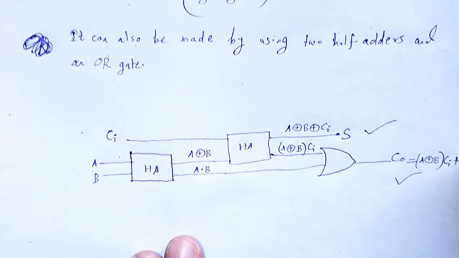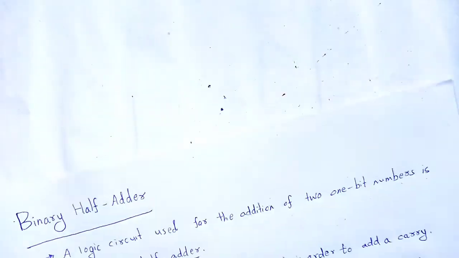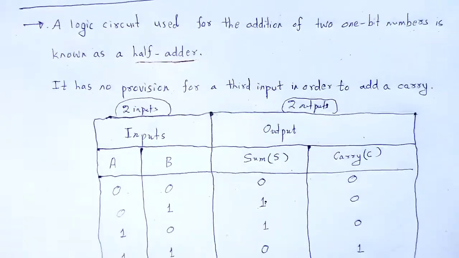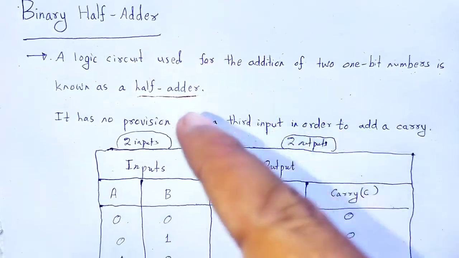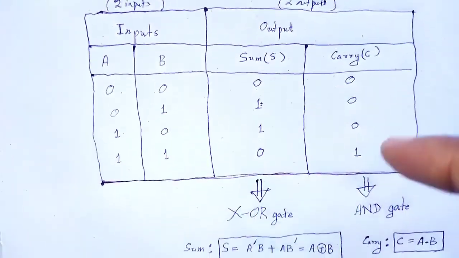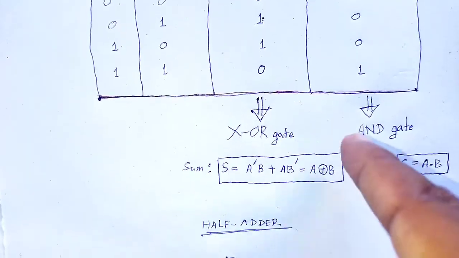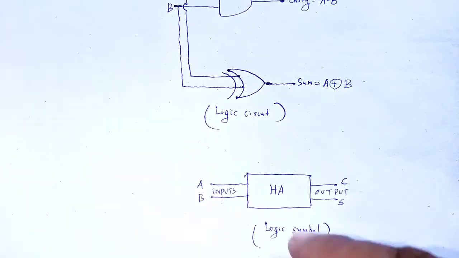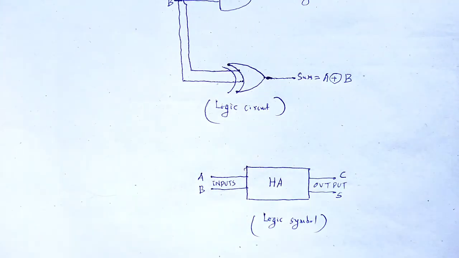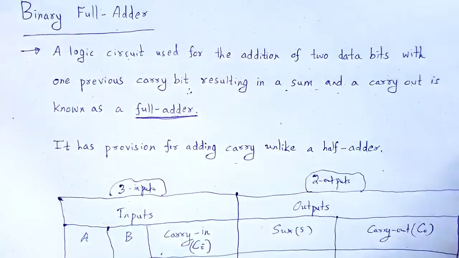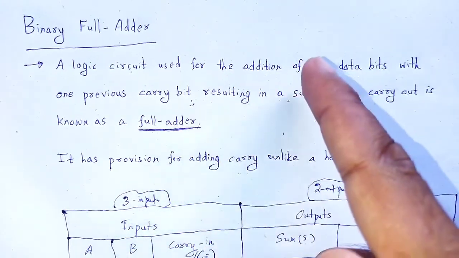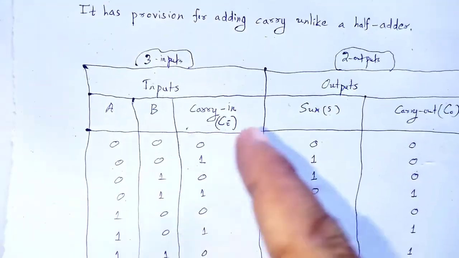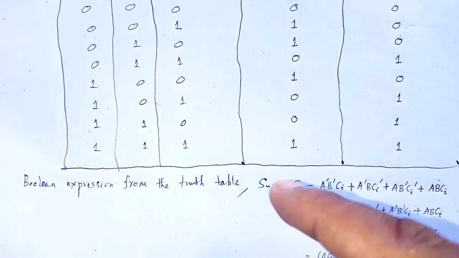So with the help of this video lecture, we understand binary half adder, the half adder truth table. From truth table we draw the Boolean expression, then the logic circuit, logic symbol of half adder. The disadvantage of half adder is fulfilled by taking full adder. For the full adder, this is the truth table, Boolean expressions.